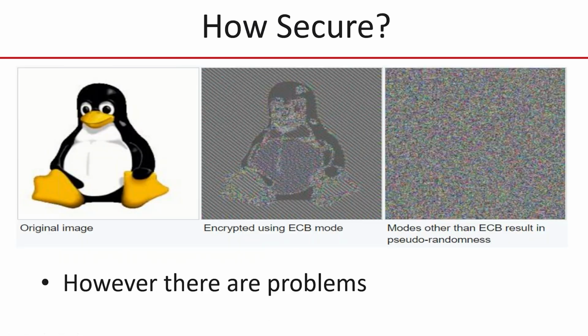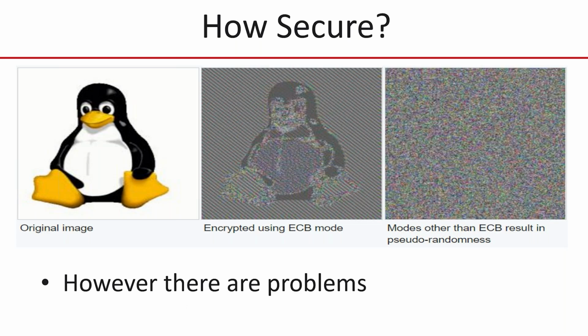However, there are problems. Although AES is a very strong cipher and there's no known way to currently break it, if we are streaming data, it's effectively a pseudo-random transform. So where we put in, for example, a block of white data, we'll always get out the same pattern the other side. Where we're sending, for example, a picture, it's possible that some amount of information within that encrypted data can bleed out to a crypto analyst.